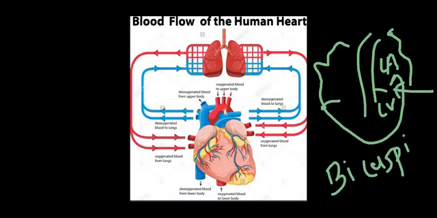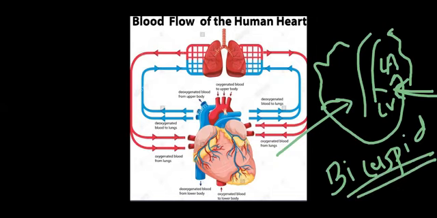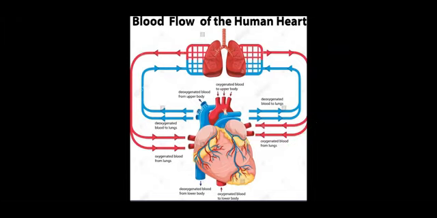Okay, children, remember this one tricuspid and this one bicuspid valve. Bicuspid is present between the left atrium and left ventricle, and it is also known as the mitral valve. But this is very easy to remember: tricuspid and bicuspid. The other valves are in the pulmonary artery and in the aorta.